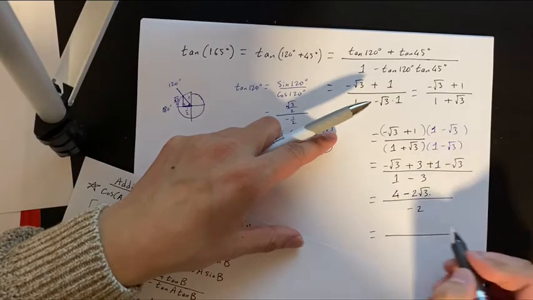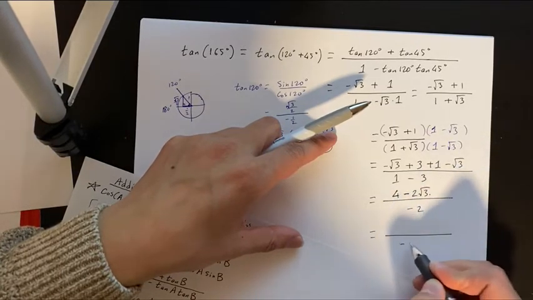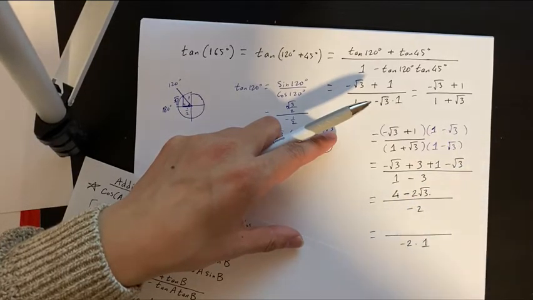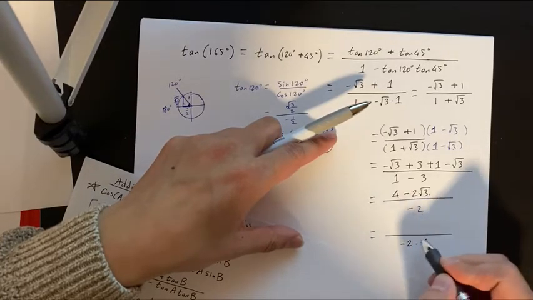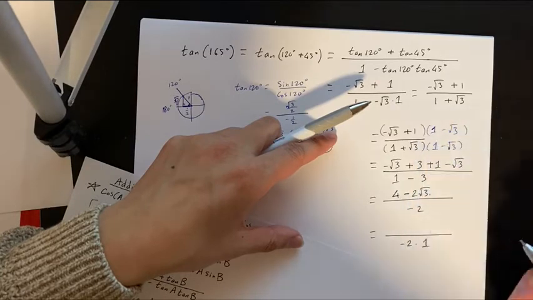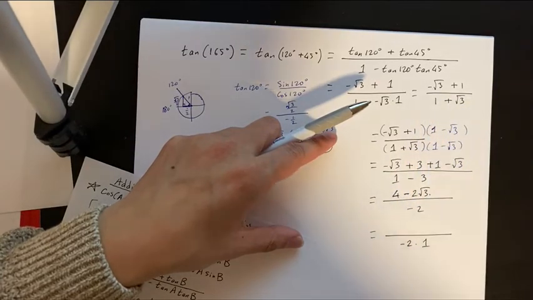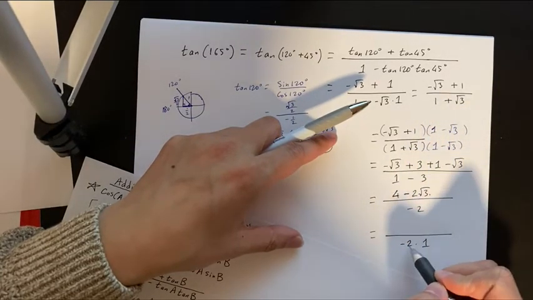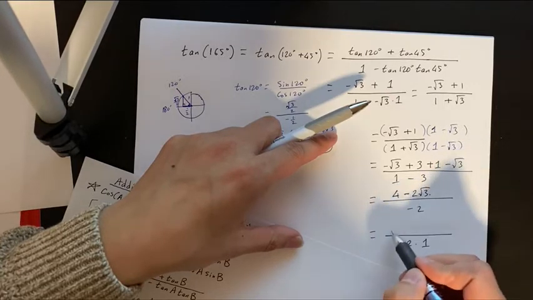So here's how we're going to do it. That negative 2 is the same thing as negative 2 times 1. Yeah, very, very trivial, but that's going to help us see how negative 2 is a common factor on both top and bottom.